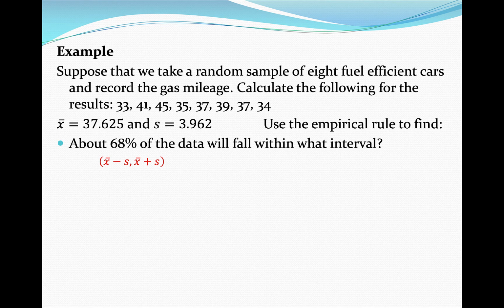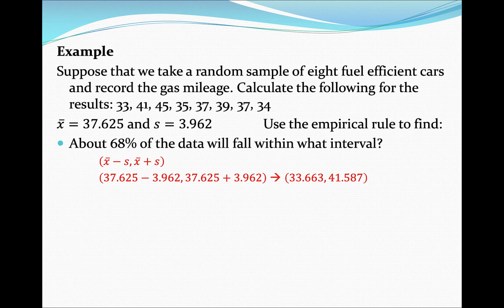So here, the mean, of course, is 37.625. The standard deviation is 3.962. If we work this out, we take that 37.625 minus 3.962, which gives us 33.663. And then we take the 37.625 plus 3.962, which gives us 41.587. And within that interval, we can be confident that's where about 68% of our data lie.